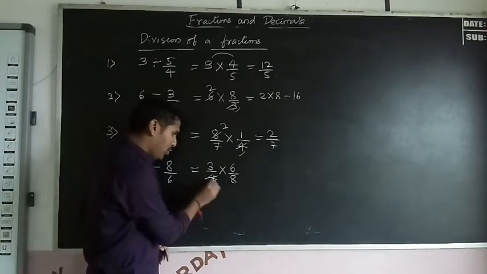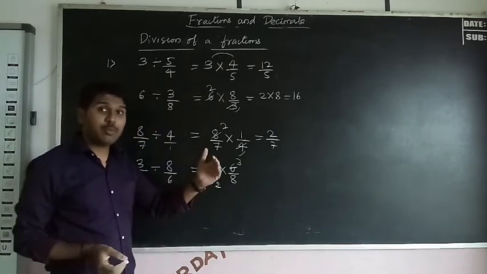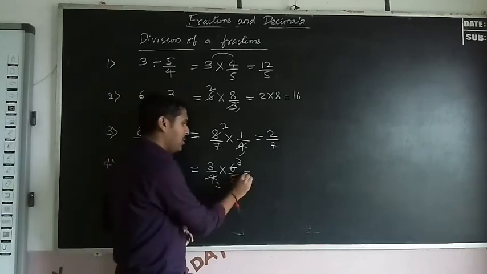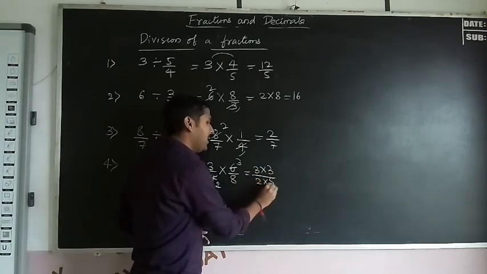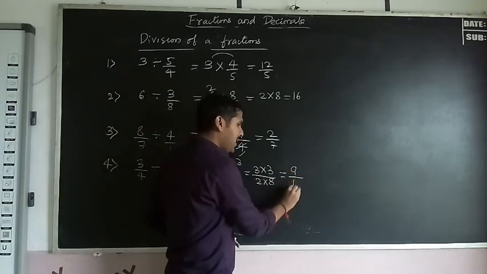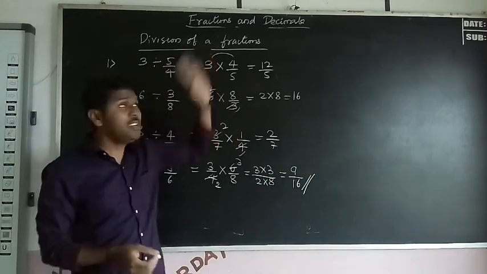Yes. 2 2s are, 2 3s are. Only cancellation possible when numbers are in the numerator and denominator. So 3 3s are 9, 2 8s are 16. So 9 by 16. Okay, this is the way of division of fractions.